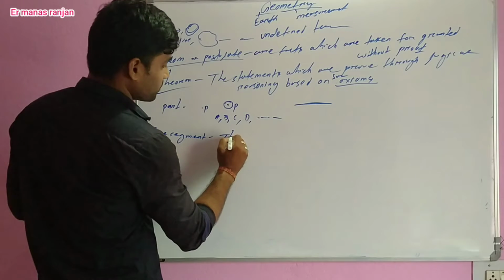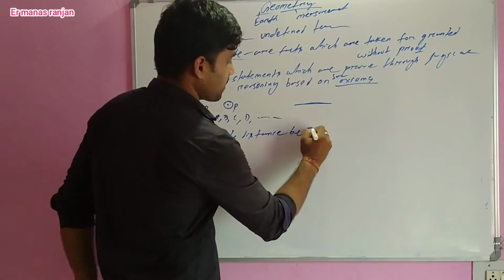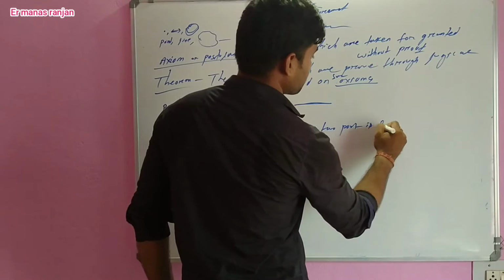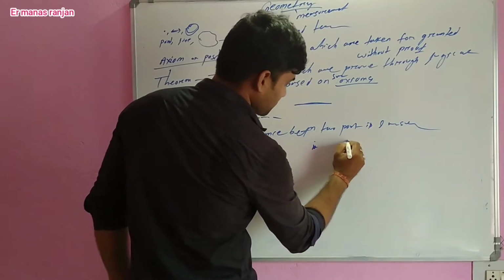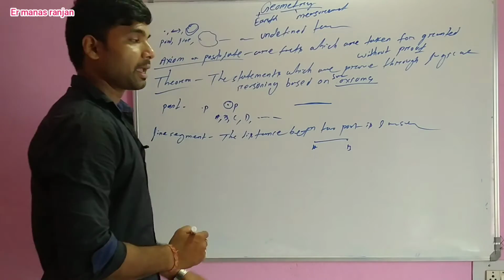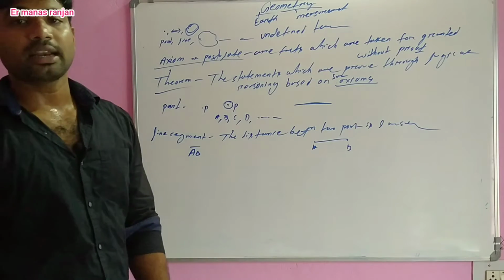The distance between two points is called a line segment. Here is a point A, here is a point B. The distance between two points is called AB.